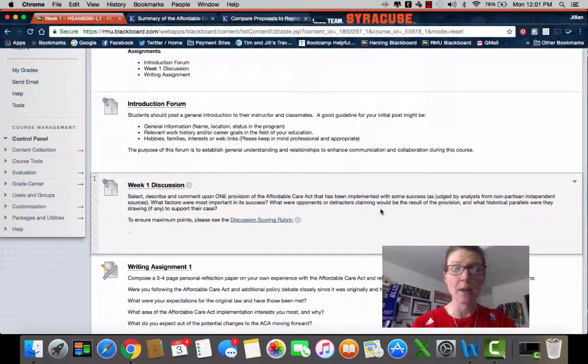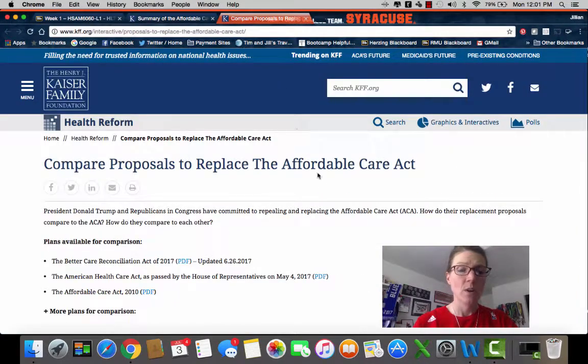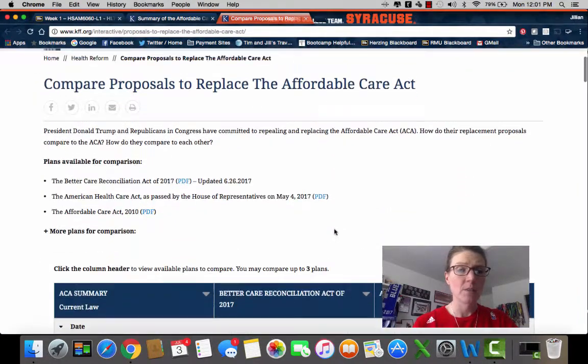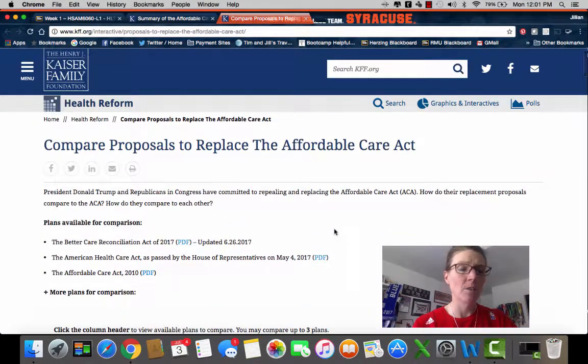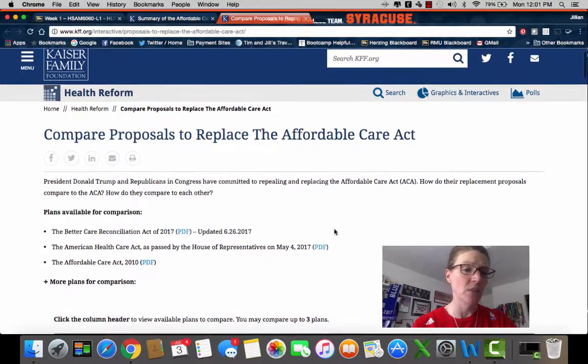So just to jump into what we did talk about last week: we talked a bit about the Affordable Care Act and a provision that was implemented, and which provisions you felt were successful. I'm going to flip over here to a different screen. This is something that was put out by the Kaiser Family Foundation.